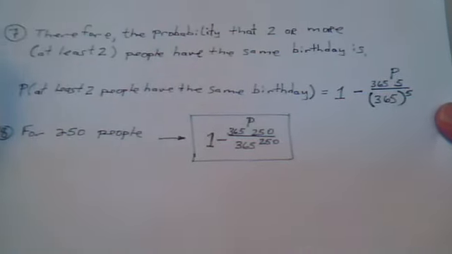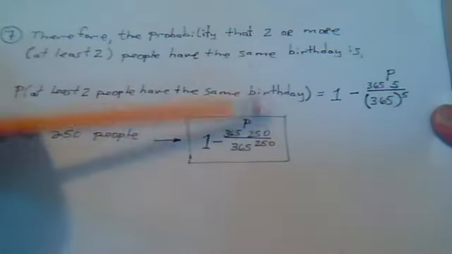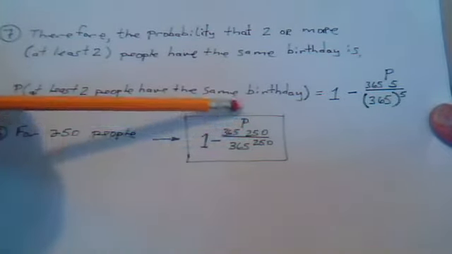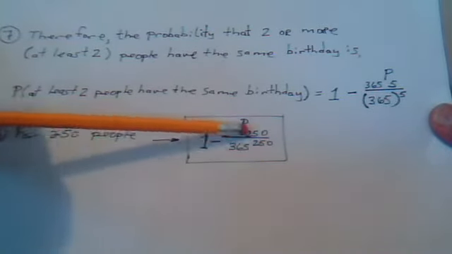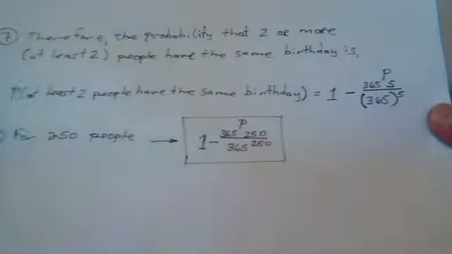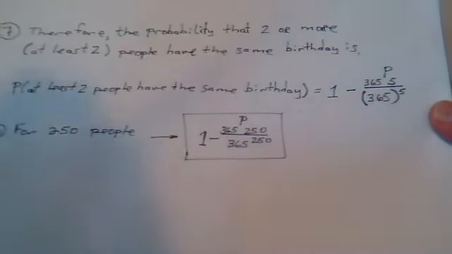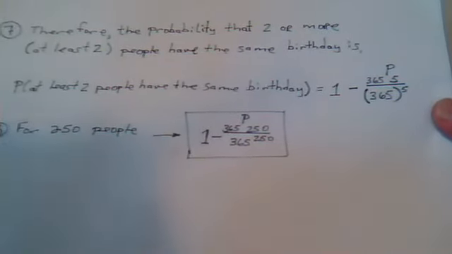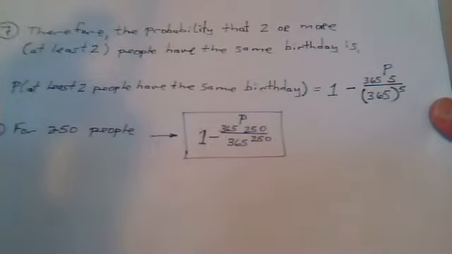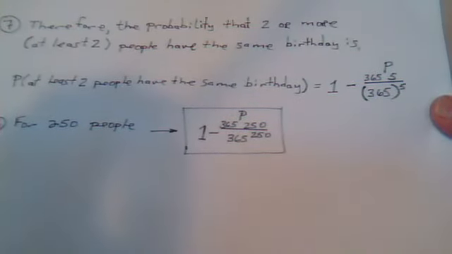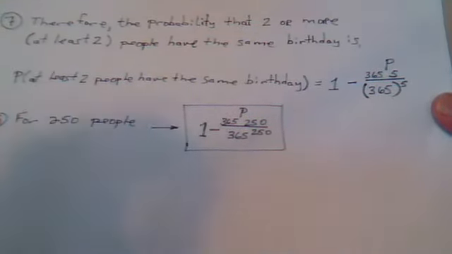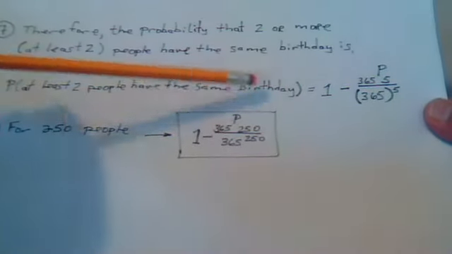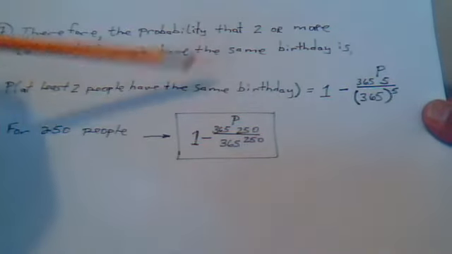And if there's a different number of people, just replace the 250 position for the permutation on the top and for the power in the bottom. So this describes what are the chances that at least 2 people, or if you like 2 or more people, in a group of 250 people will have the same birthday. This would be what you would key into the calculator.